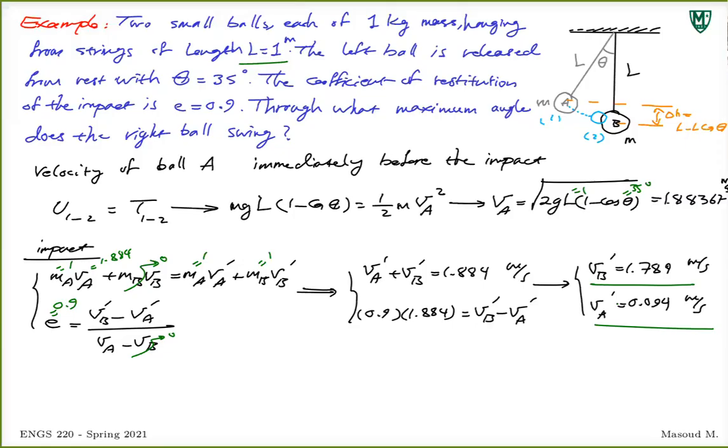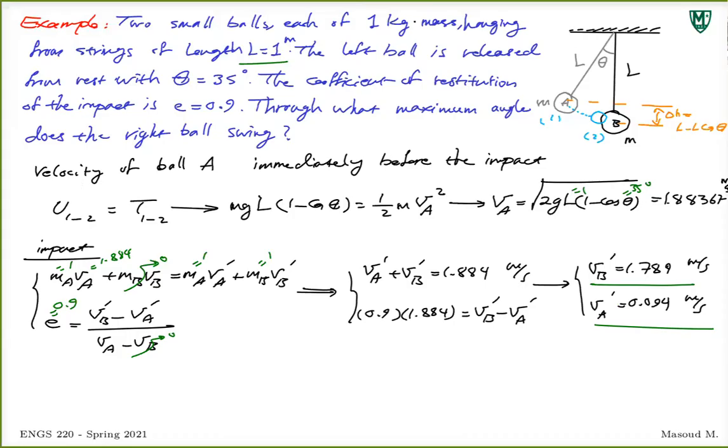I think that happens because the coefficient of restitution is high. Right? So now these are velocities after the impact, and we know how fast VB is going. Now we have to again use the principle of work and energy to find how far it can go up. Right? This is the situation now.